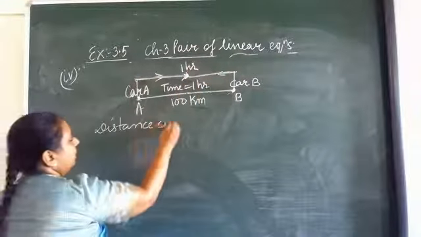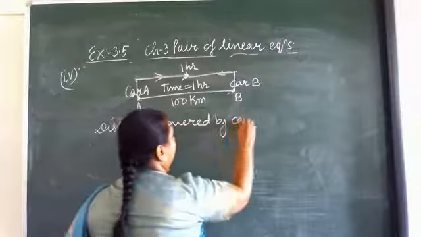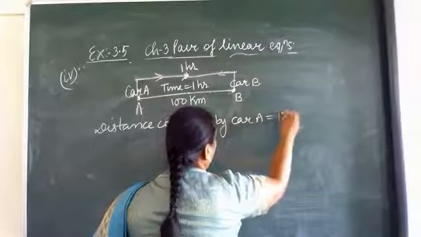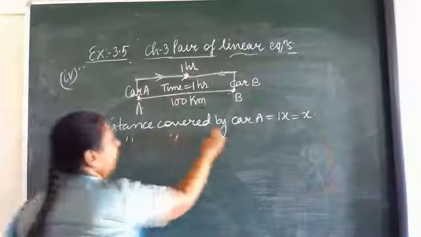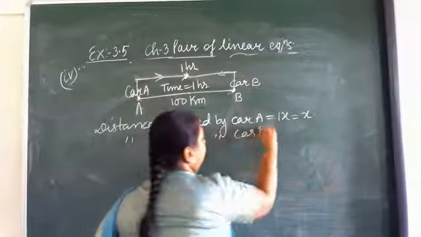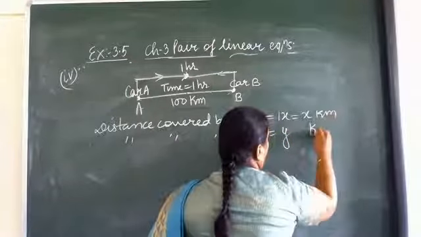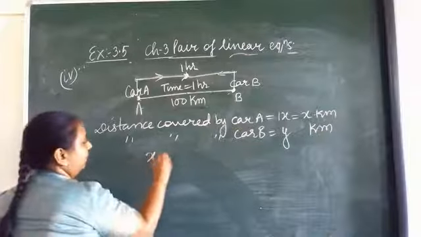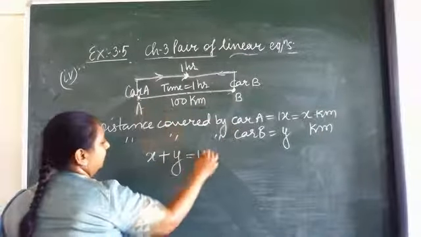So distance covered by car A is equal to 1 x, or we can write x only, and distance covered by car B is y kilometer. And they are traveling towards each other, so the equation becomes x plus y is equal to 100.